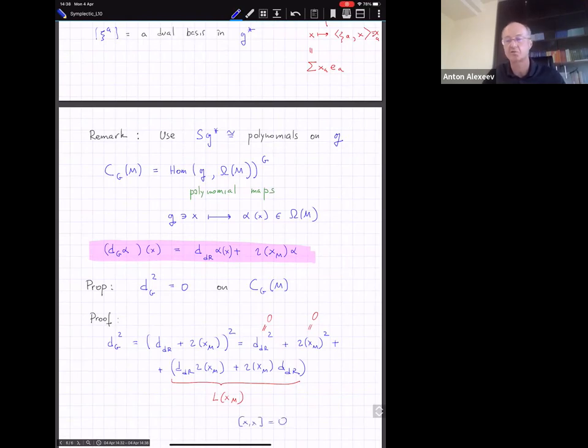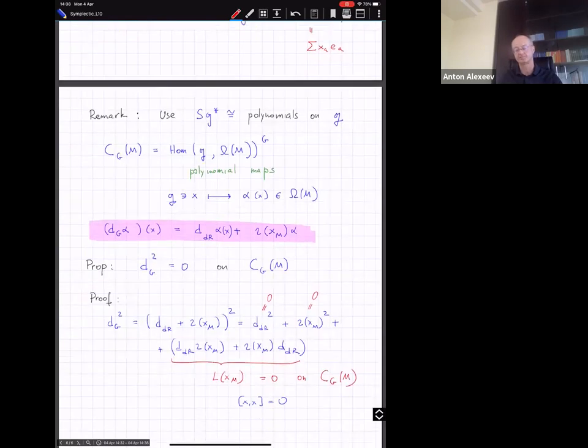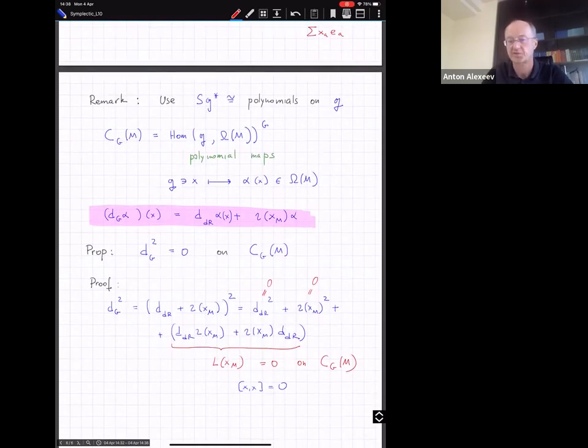So if you try to rotate x by the adjoint of x, you get 0. So therefore, L of x_m is actually 0 on C_G of M. So that's why the differential vanishes.